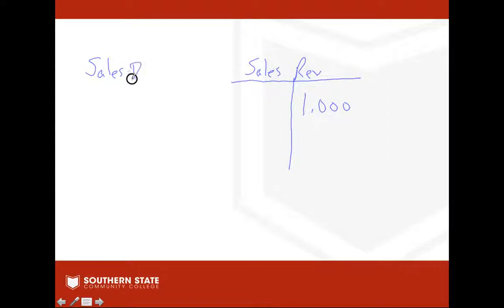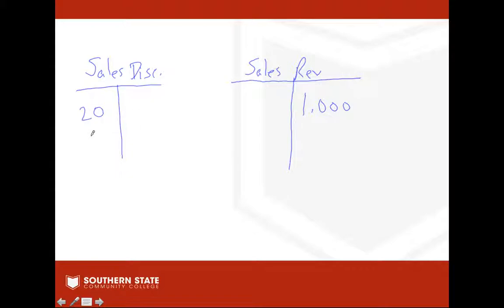So if we're taking a look from a T account standpoint, I'll just make a little T account for my sales revenue. In that particular example, we had a $1,000 sale, and then we had our new account, Sales Discounts, and we booked a $20 debit entry to that account.